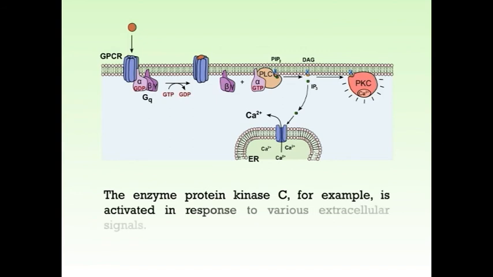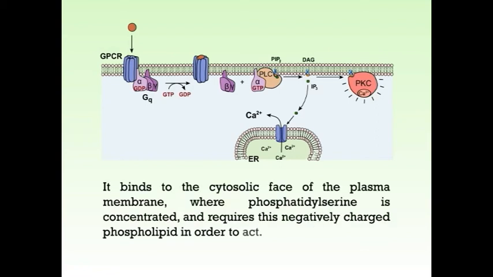The enzyme protein kinase C, for example, is activated in response to various extracellular signals. It binds to the cytosolic face of the plasma membrane, where phosphatidylserine is concentrated, and requires this negatively charged phospholipid in order to act.